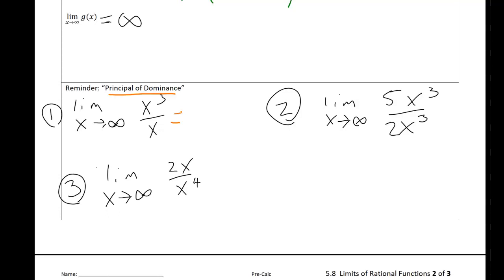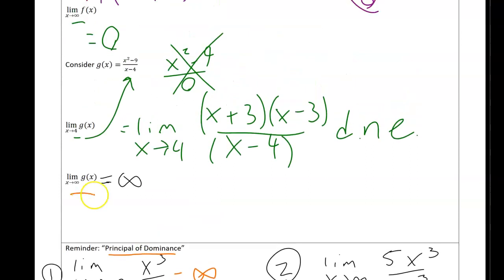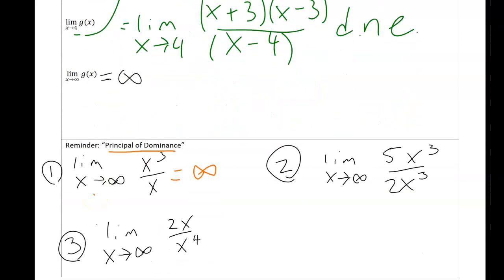And then the idea here, though, is very simple, right? So if the exponent on top is bigger, so 3 is bigger than 1, well, that limit is infinity, right? And we saw that just now with g. That was another example of that.